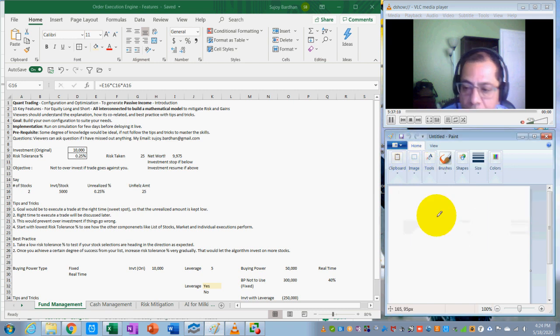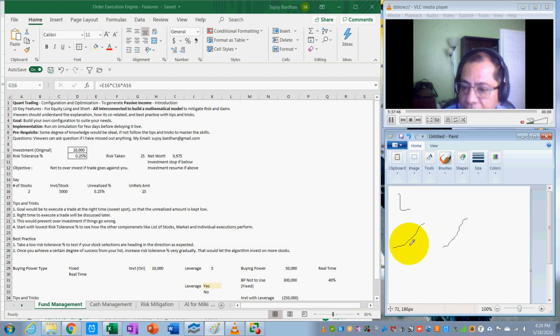The point I'm trying to make is when you are making your stock selections, as we will get into that detail later on, your expectation, if you're saying that I want to go long, is that the stocks are going north. And if that's exactly what is happening, you will be below 0.25% on the tolerance because you'll be making profit.